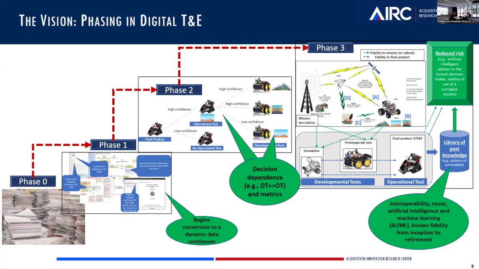That allows you to have interoperability, reuse, and leverage more advanced data analytics with artificial intelligence and machine learning, along with things like knowing the fidelity of your data throughout the life cycle, so data lifecycle management. That's when we're going to have this library that also interplays with your phase 2 and your confidence in systems a little differently than we can today.